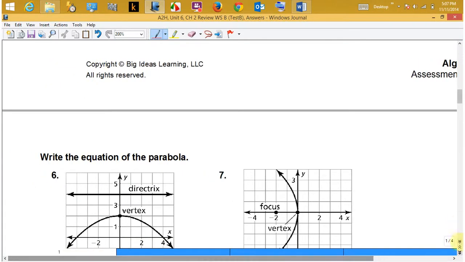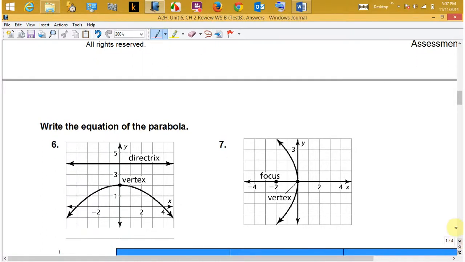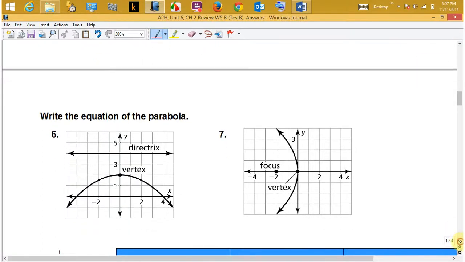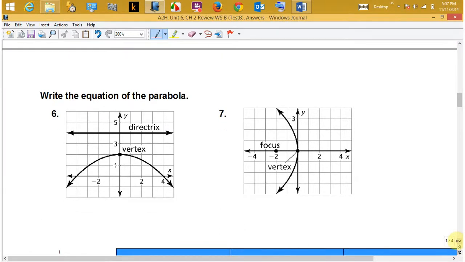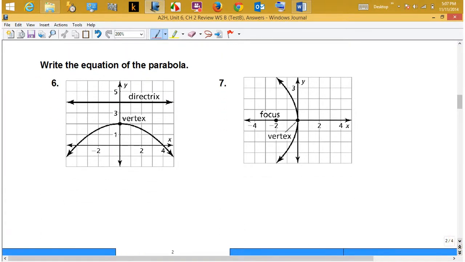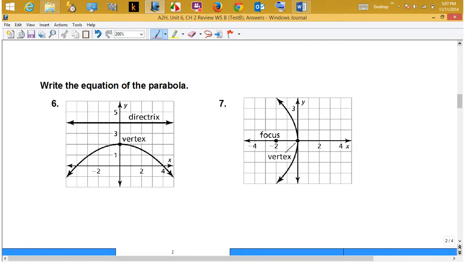Okay, the next problem says to write the equation of the parabola. We have 4 kinds of equations that we're going to be dealing with here. We're going to have those that open left and right.